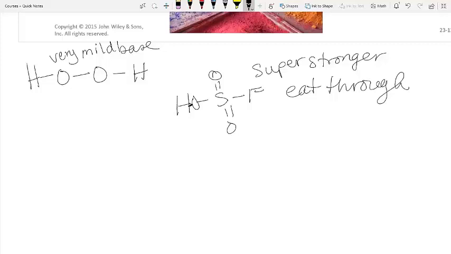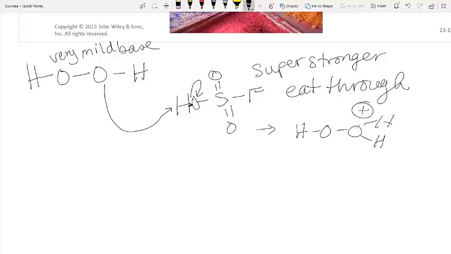And so in this case, it's a strong acid. It'll deprotonate that acid because it's so strong that even hydrogen peroxide can do that. We get this cation, this hydronium ion, which is going to leave as a leaving group. And we get HO plus water. And so we can do our mechanism.